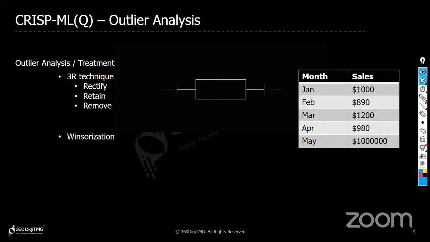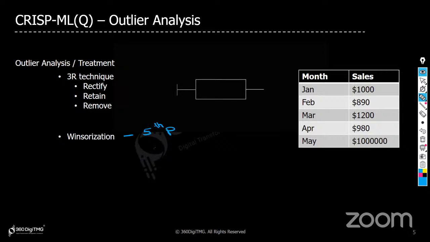Coming to the next one, we have Winsorization. In Winsorization, we use a percentile. I can take any percentile. Let me take the 5th percentile.